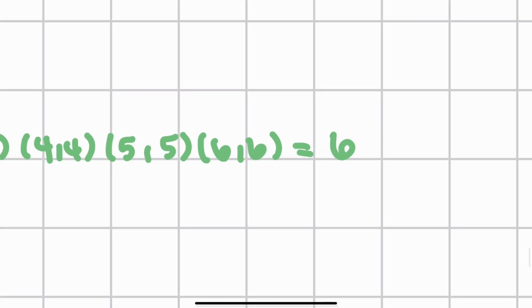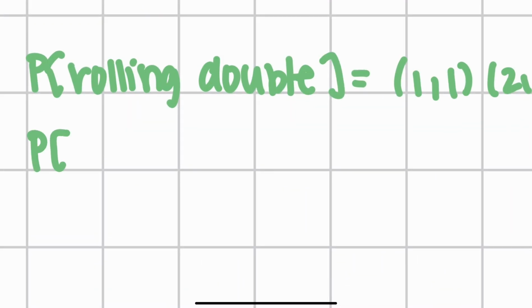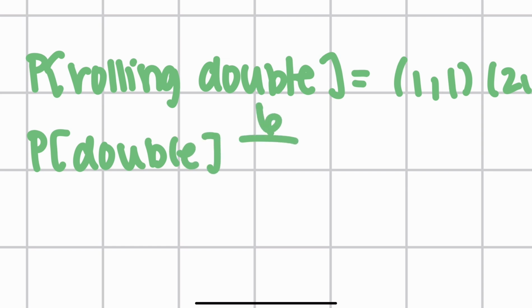This is 6 ways. So, to find our probability of rolling a double, we take those 6 ways divided by 36 total possible ways, which is, again, 1 over 6.